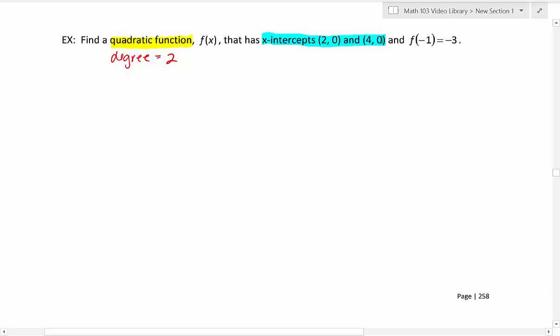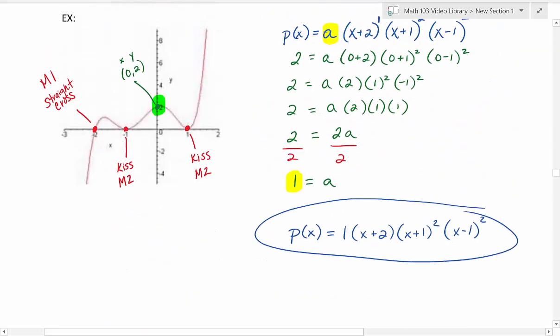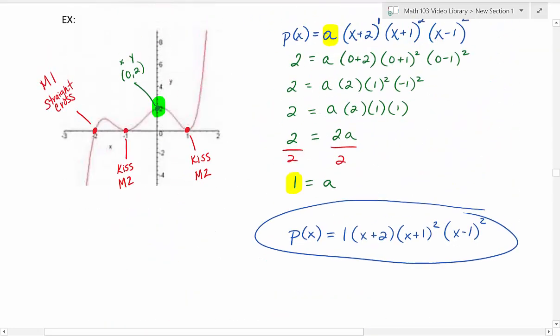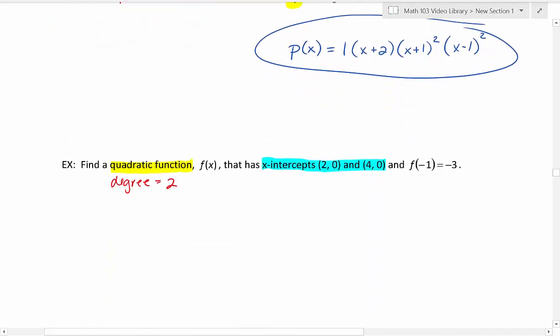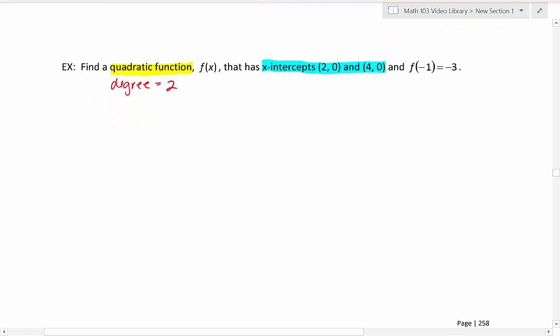Now, this is very similar to the previous example. In the previous example, we just looked with our eyes, identified the x-intercepts, and called them our zeros. Here, they've just listed it for us. So these are going to give us the factors.